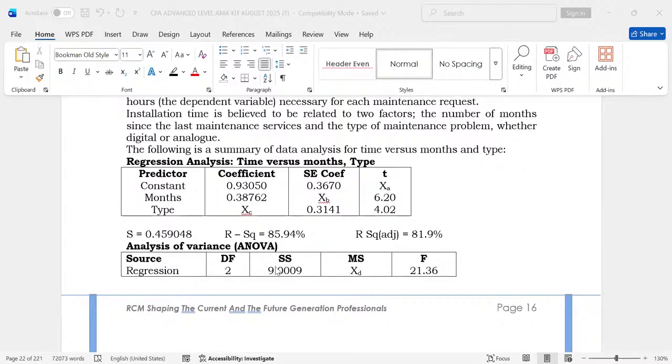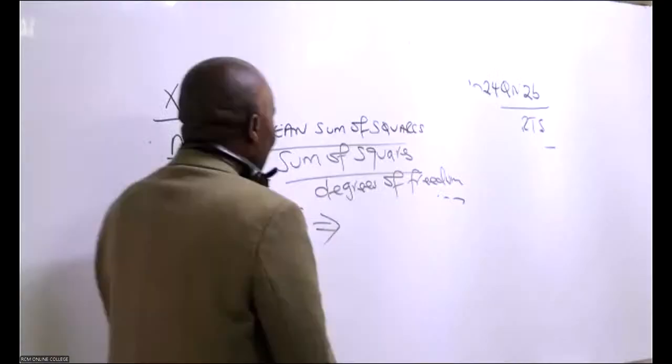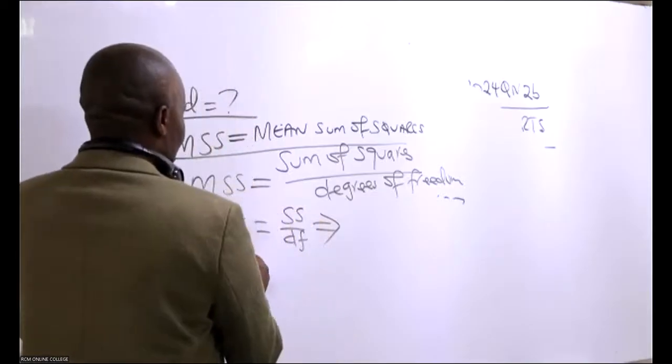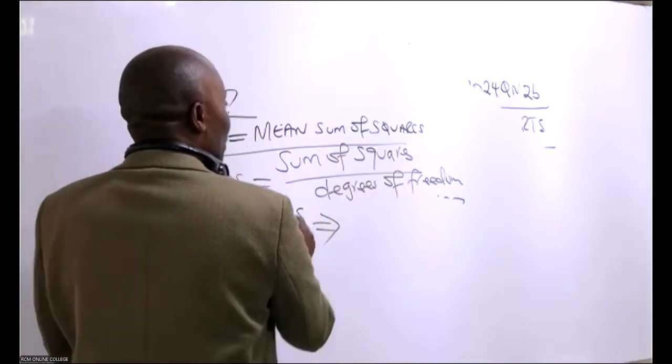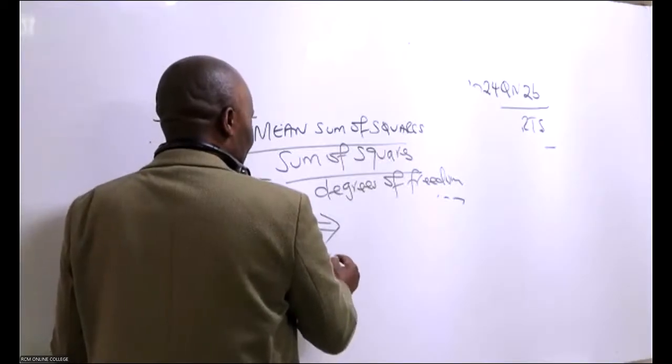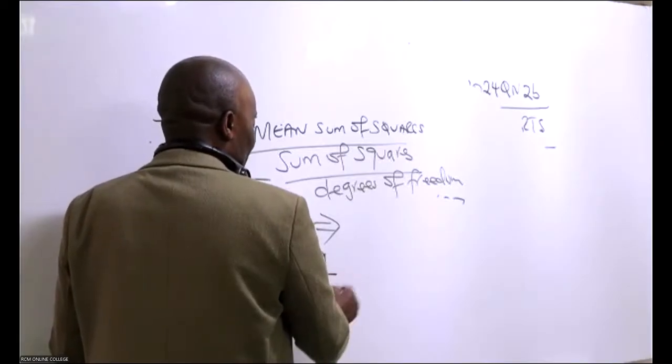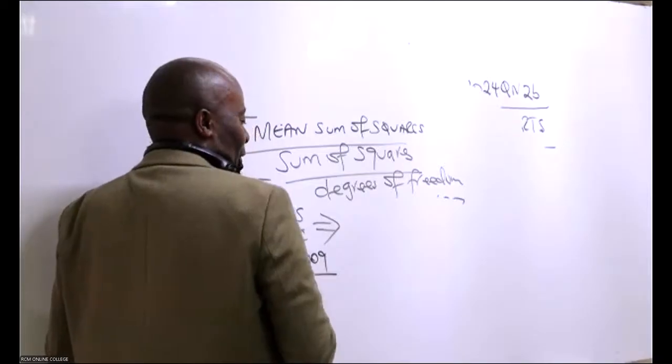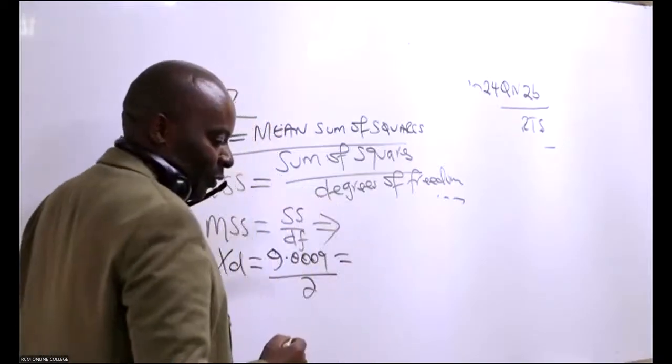I can see sum of squares is 9.0009 divided by 2. So now I'm plugging in. MSS, this is my XD, equals SS. SS is 9.00 what here? 9. All over degrees of freedom, which are how many? 2. So then you go ahead and divide.